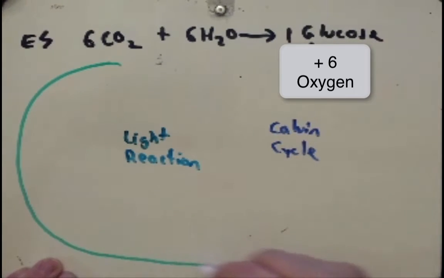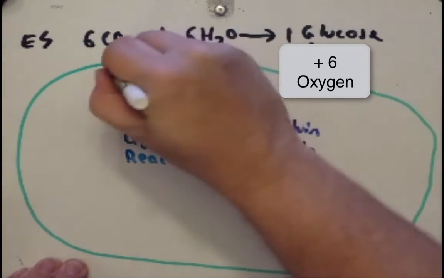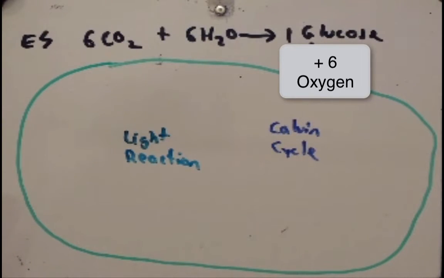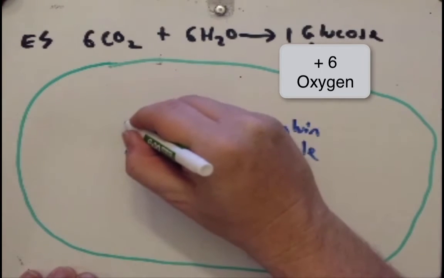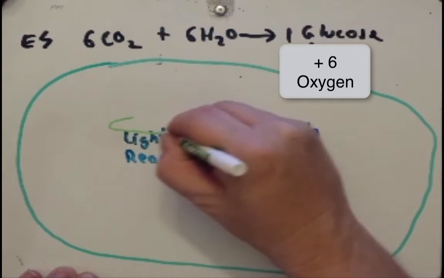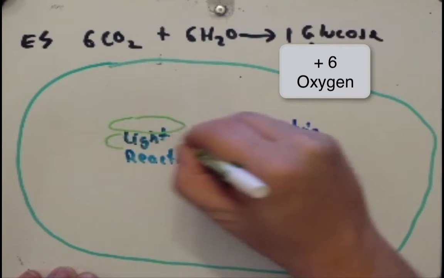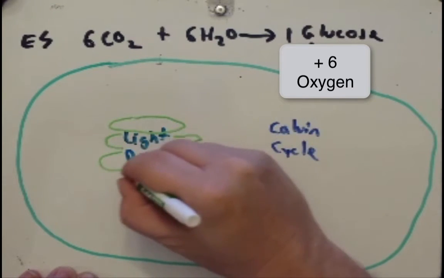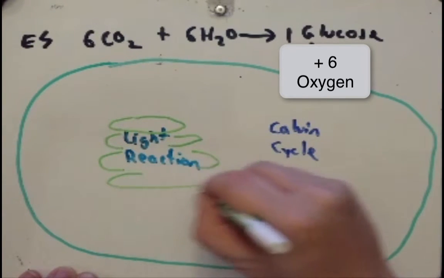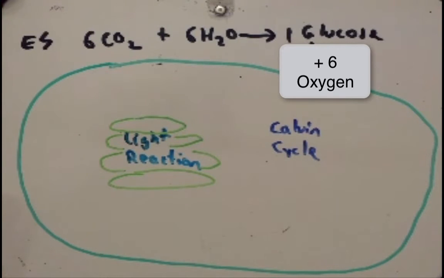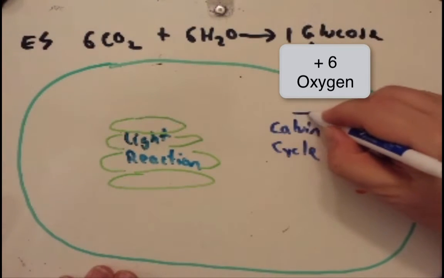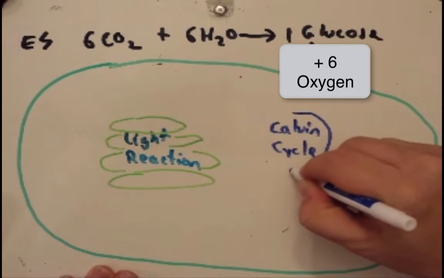Both of these reactions occur within the chloroplasts. The light reactions occur within the thylakoid membrane, so I'm going to draw it like this. Whereas this Calvin cycle occurs within the stroma. Let's represent this as a cycle, a cyclical cycle here.